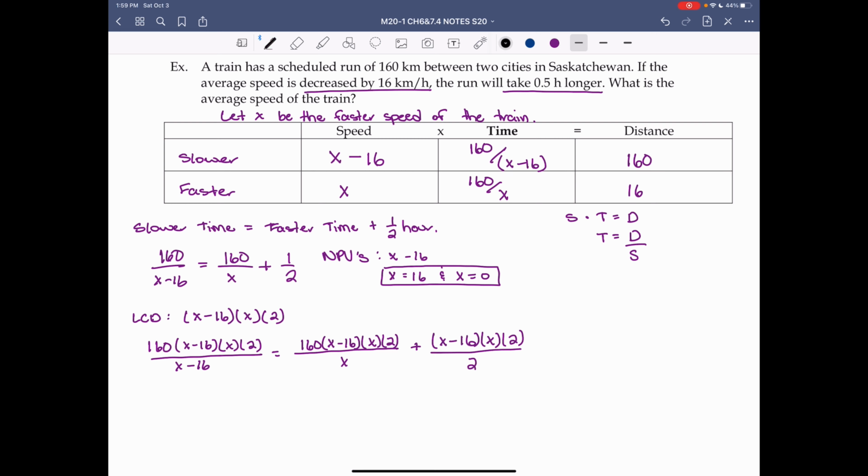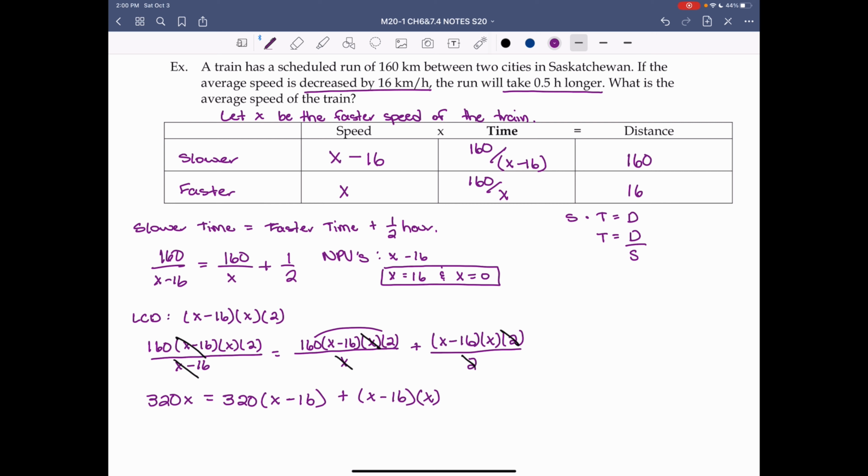In the first fraction, we can divide out x minus 16, we can divide out x from the second fraction, and we can divide out 2 from the third fraction. We're left with 160 times 2 is 320 times x is 320x equals, again we have 160 times 2, so 320 times x minus 16 plus x minus 16 times x.